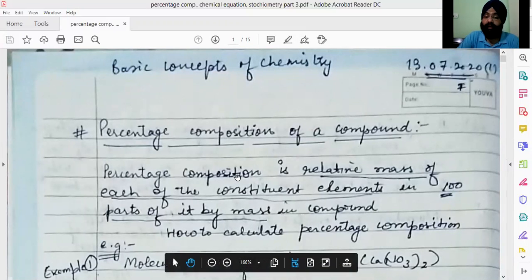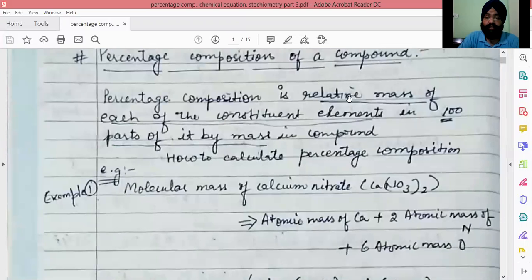Now, how to calculate the percentage? The definition is the relative mass of each constituent element in 100 parts by mass of the compound.